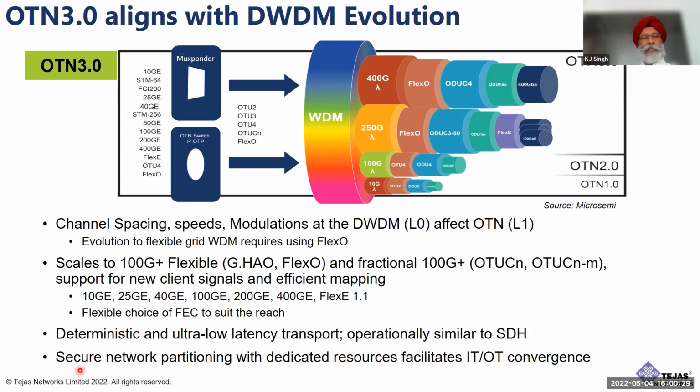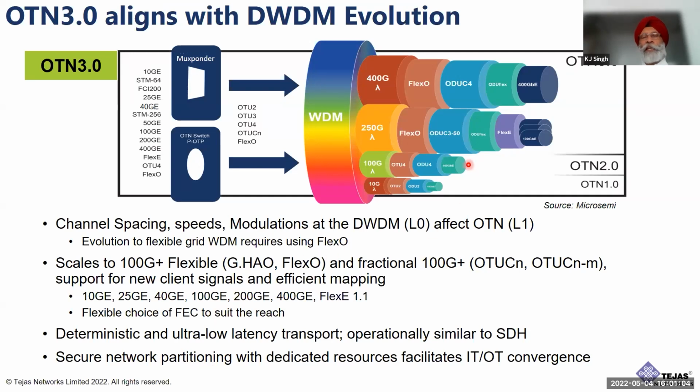The other thing that OTN worked well at, especially with this kind of flexibility in terms of how much bandwidth an application can take, is that you could then start partitioning your network and have dedicated resources so that you weren't worried about some other application eating into the bandwidth or causing jitter to your service. So this is one of the benefits that I said I'll talk about, the determinism.